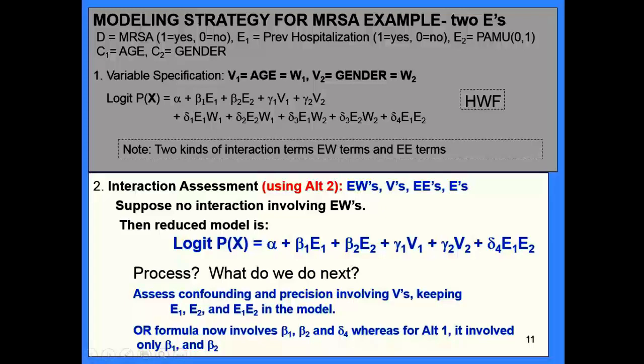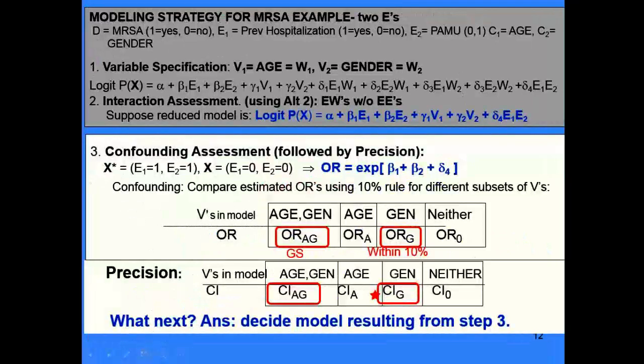Now suppose it turns out that I again wanted to compare 1-1 versus 0-0, high versus low, just like I did for the previous situation, but this is alternative 2. Okay? Now, this would be the formula for the odds ratio. Do you believe me? 1-1 means this is 1 versus 0, this is 1 versus 0, and this is 1 versus 0. 1 times 1 versus 0 times 0. So it's e to the beta 1 plus beta 2 plus delta 4.